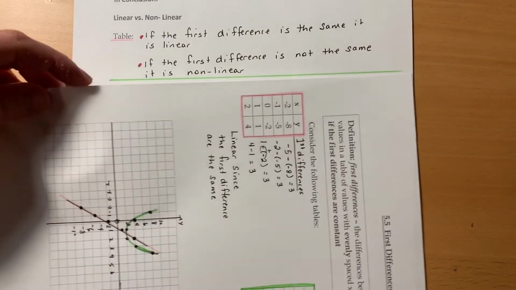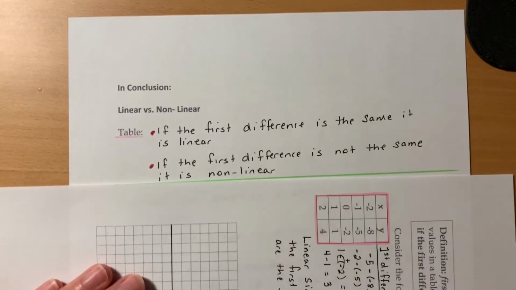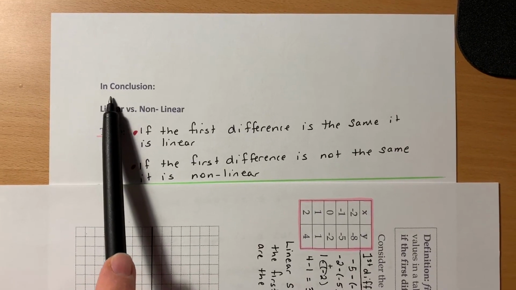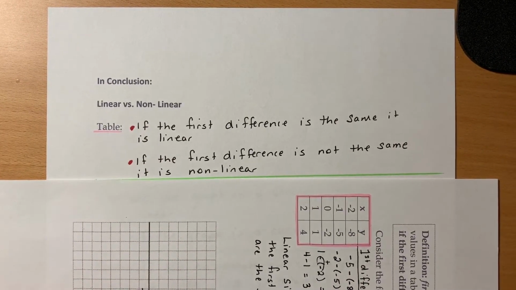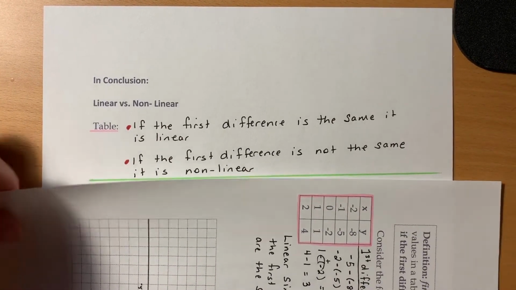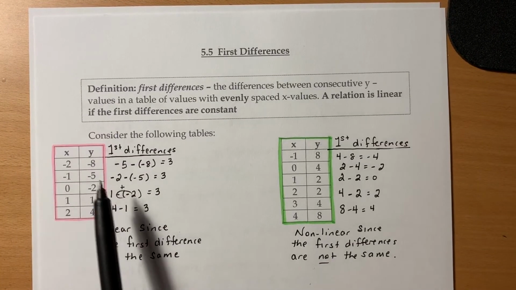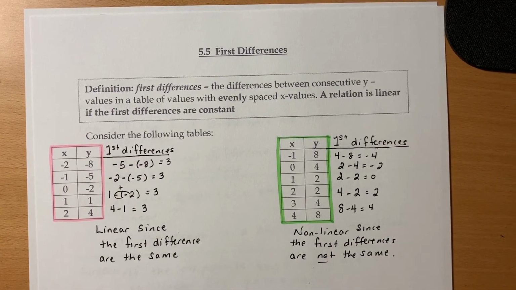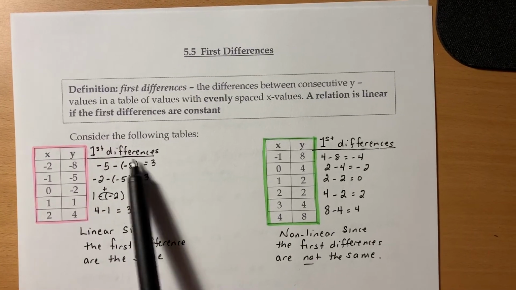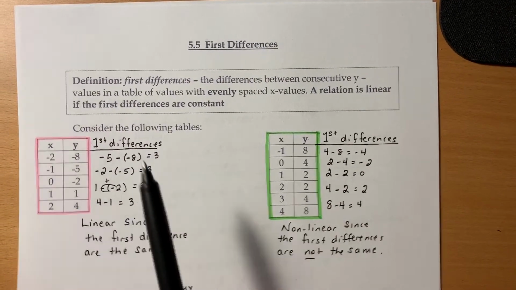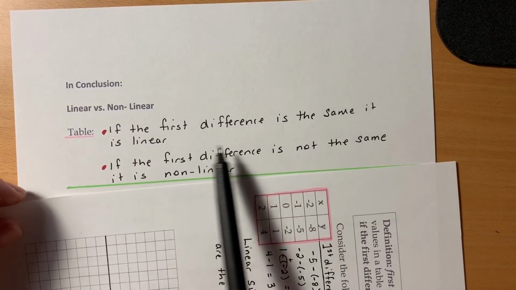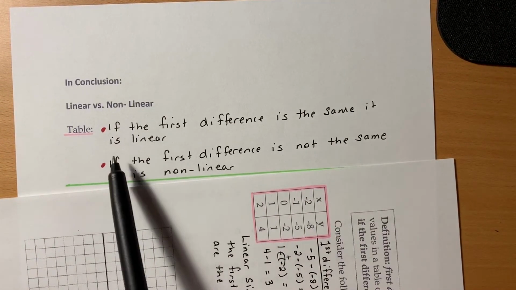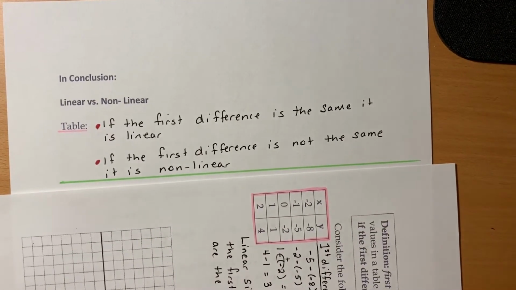To determine if something is linear or nonlinear, if I only give you a table like this and I ask you linear or nonlinear, what would you do? You would do the first differences. If the first differences are the same, it's linear.